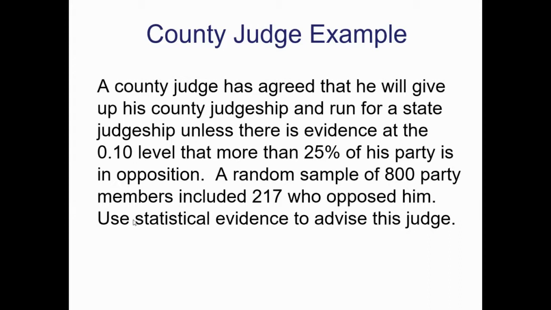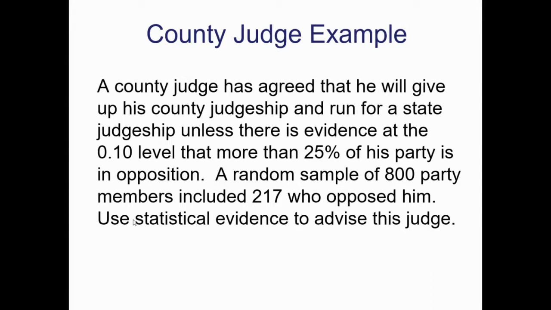This problem's a little confusing, so make sure you pay attention closely to the wording. A county judge has agreed that he will give up his county judgeship to run for a state judgeship unless there is evidence at the .10 level that more than 25% oppose him.